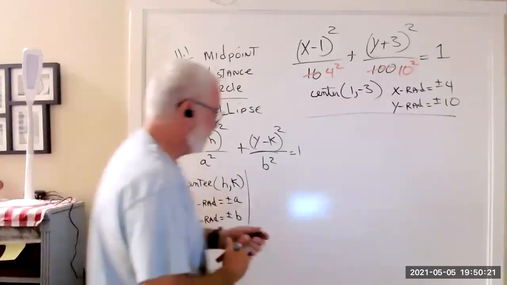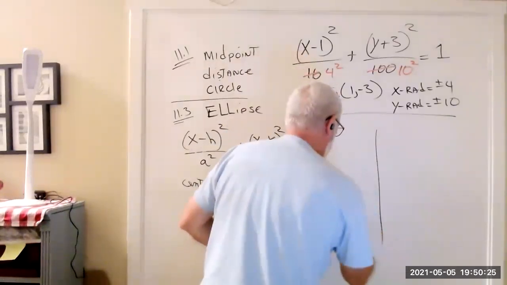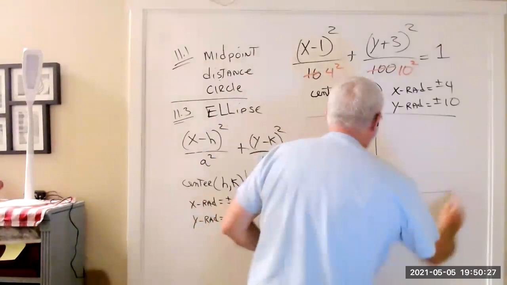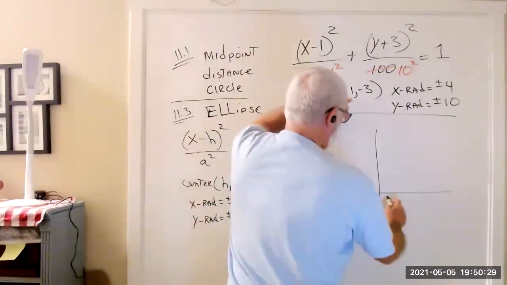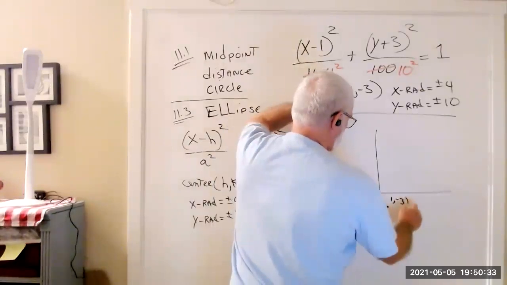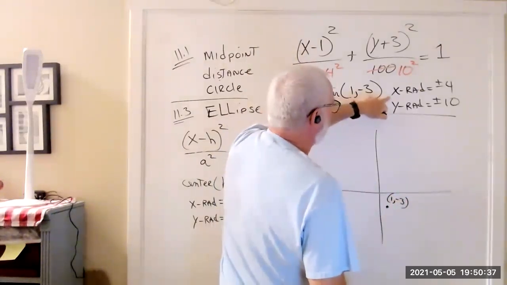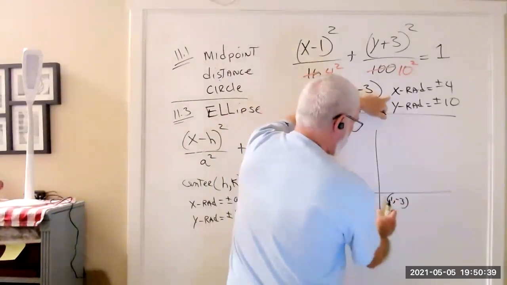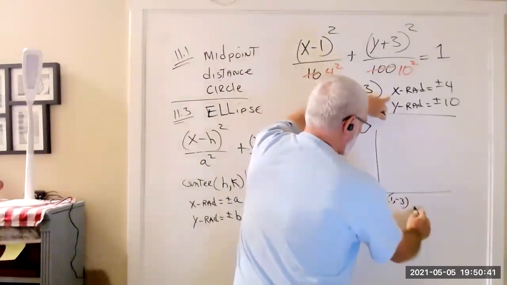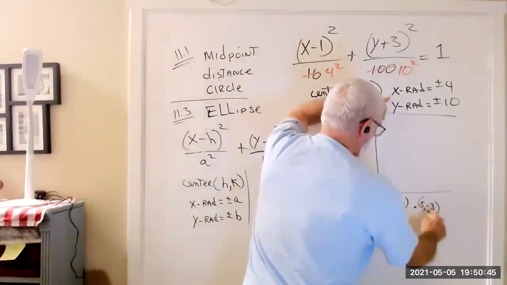Okay, then here we go. This won't be to scale, but oh well. So we go (1, -3), right about there. My x radius is 4. So if I go over 4, this would be (5, -3).